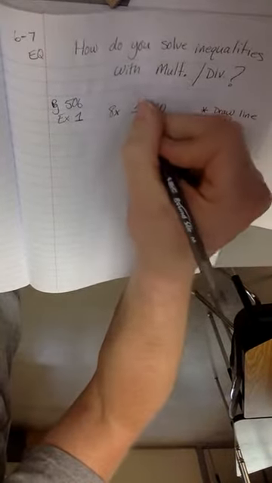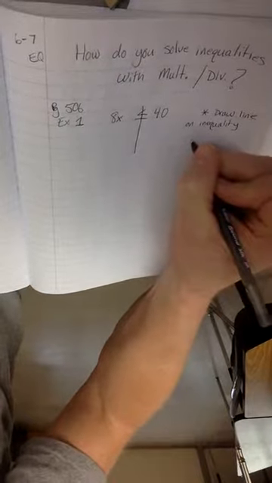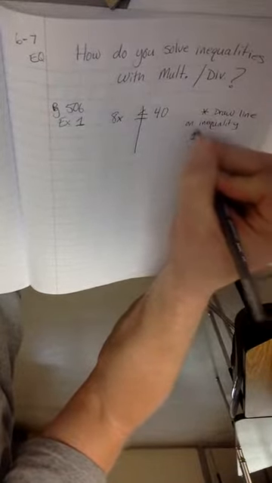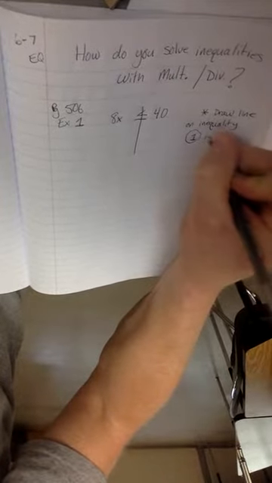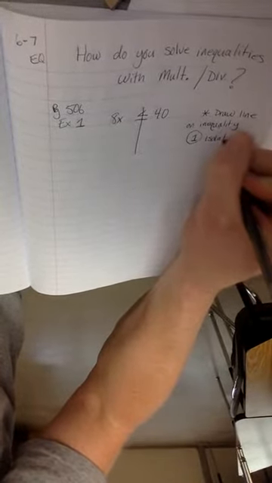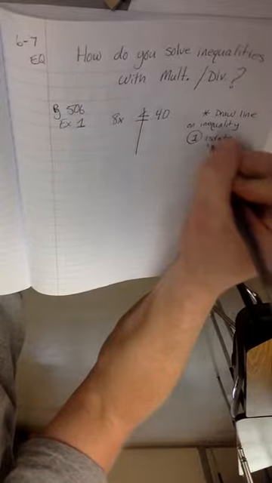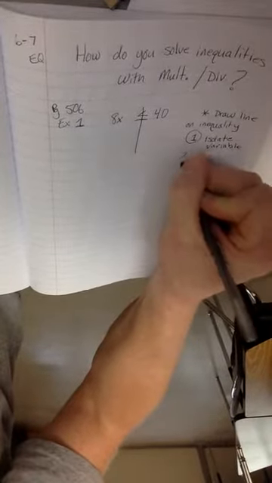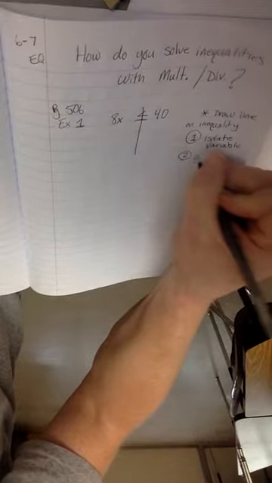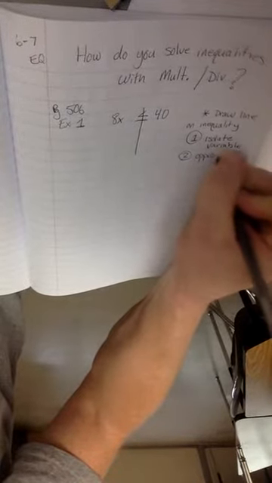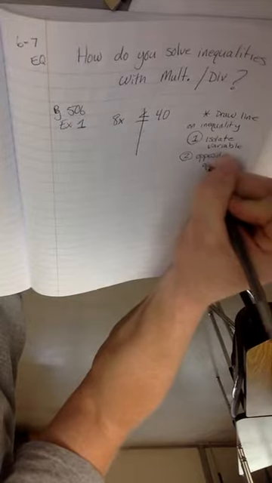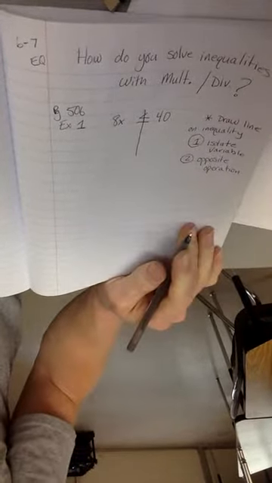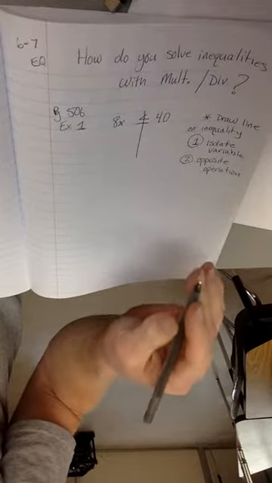So we'll draw a line right down here. And we're still trying to do our first two things, which are isolate the variable, and to do so, we're going to do that second step, which is the opposite operation. Okay, that is our main focus.